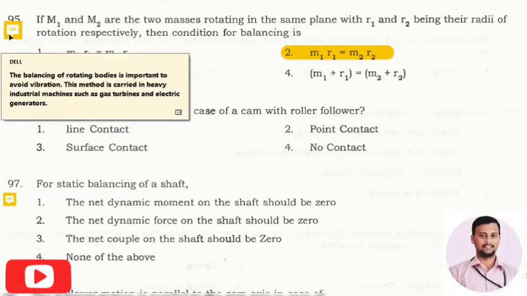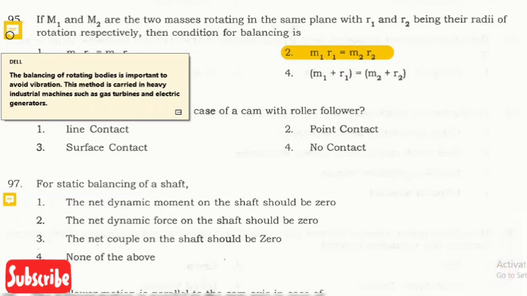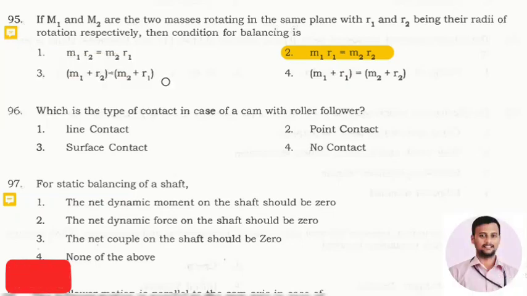So what is this condition for balancing of rotating bodies? It is very important to avoid vibrations in the machines. This method is carried out in heavy industrial machines such as gas turbines and electric generators.